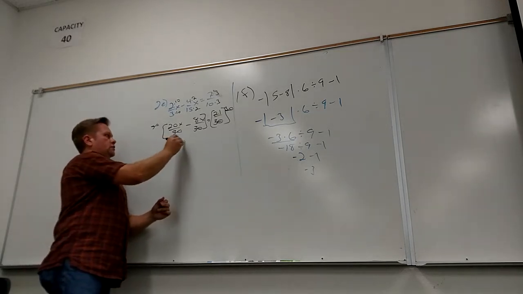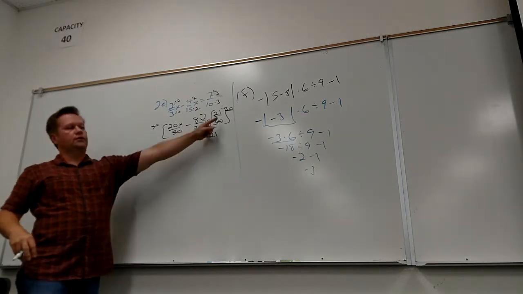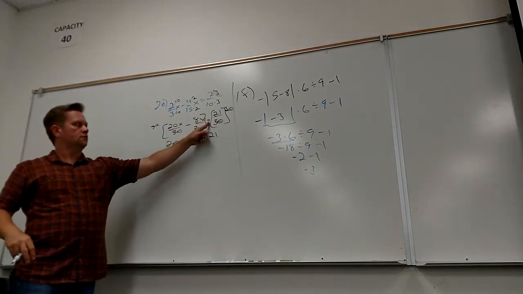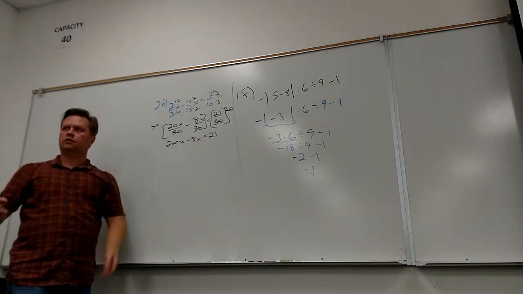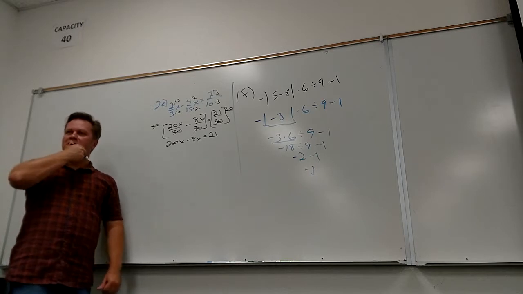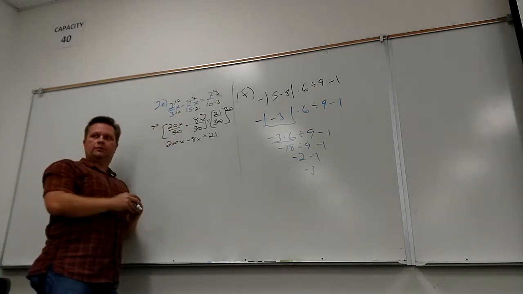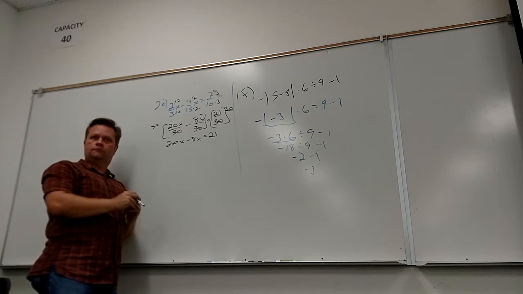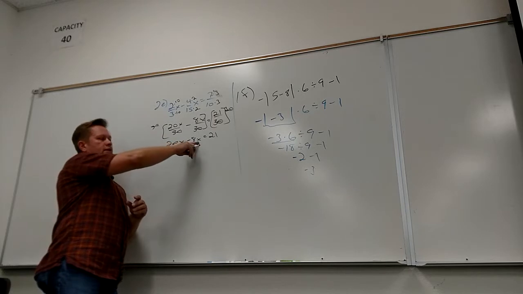So you get 20x minus 8x equals 21. Why was I allowed to kill those fractions? Because it's an equation. There's two sides that will balance each other out. I can't kill an innocent fraction sitting there. But these guys, they're in an equation, kill them. And now it's easy. Now it's a couple steps away, right? 20x minus 8x.